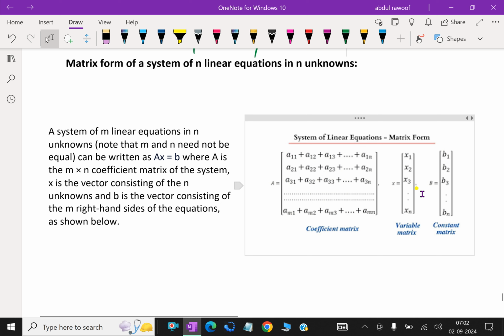B is the right side values, which is the matrix b1, b2, b3 up to bn. Then you can write AX equals B as the matrix equation to solve the system of linear equations.